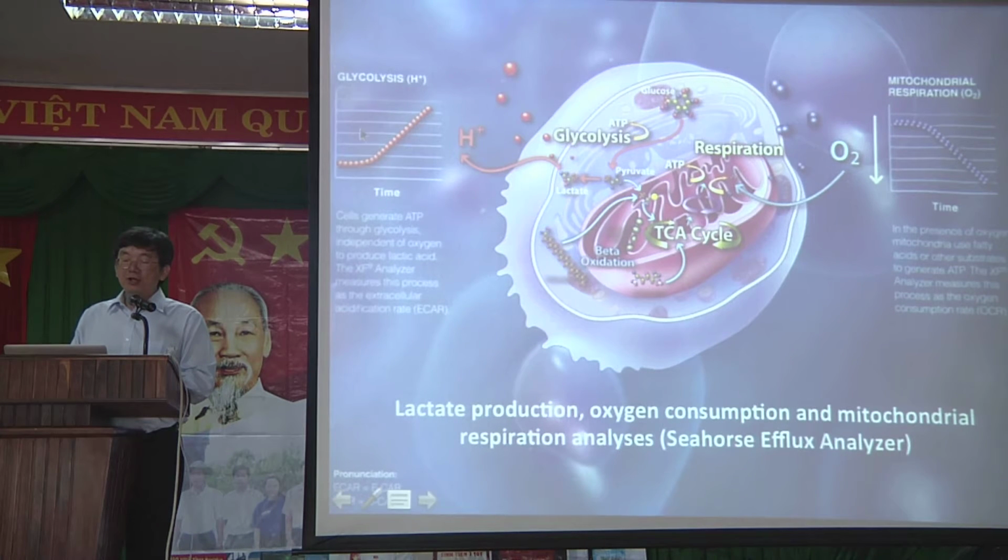For measurement of glycolysis, the machine is detecting in real time the production of protons in the culture media. And the machine can also measure in real time the consumption of oxygen.